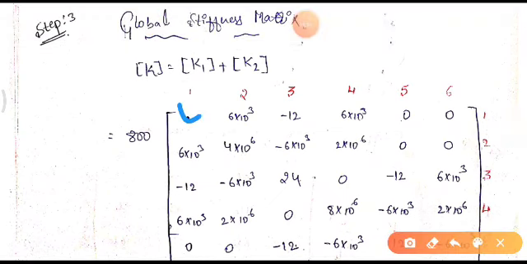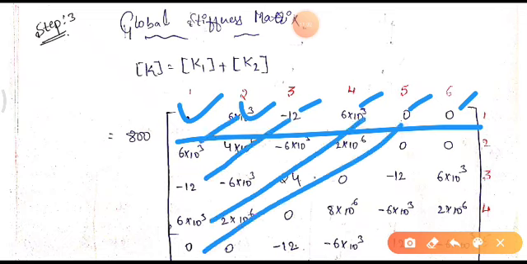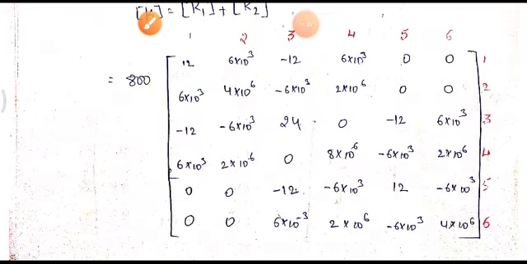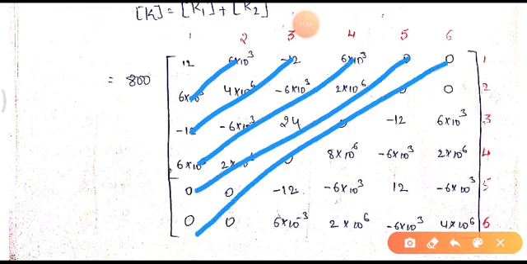First you need to calculate this. Once you calculate the elements in the row, the next thing is you need to write the same elements over here, because the stiffness matrix is a symmetric matrix. See here, 6 into 10 raised to 3 we have written the same, minus 12, 6 into 10 raised to 3, here 0, here 0.